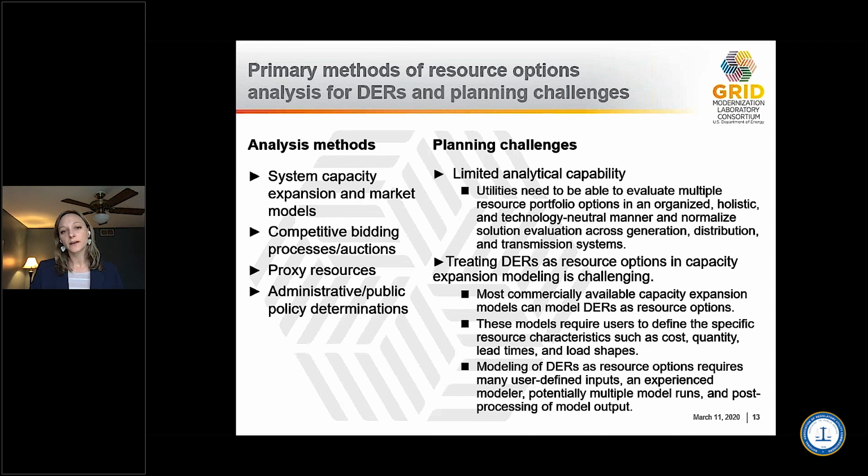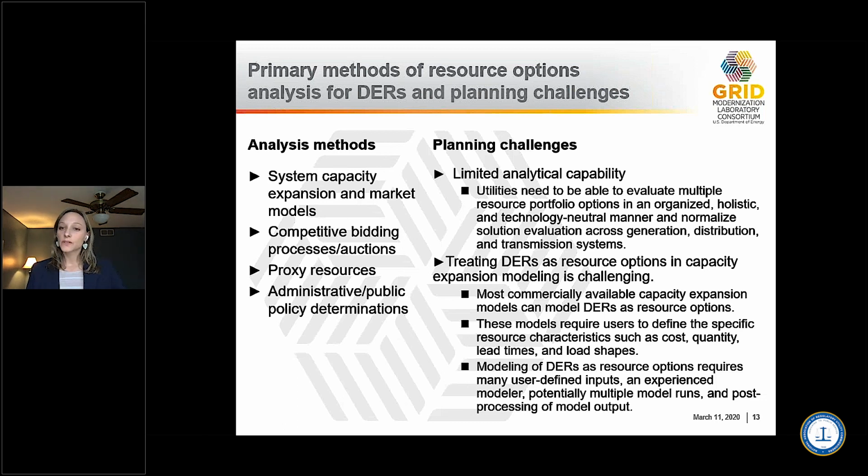And on the right side of the slide, there's two major challenges. There's limited analytical capability, and treating DERs as a resource option in capacity expansion modeling is challenging. And the limitation in capacity expansion modeling can occur for several reasons.